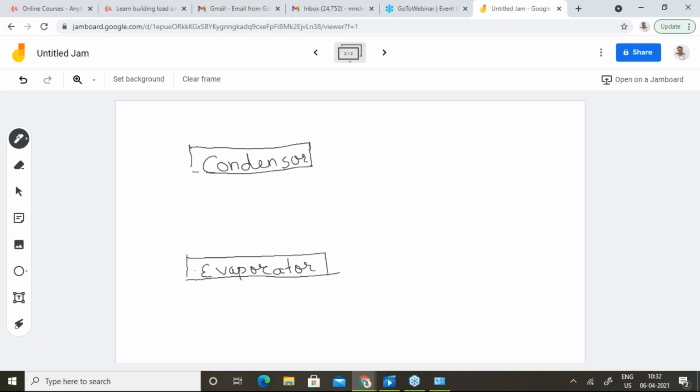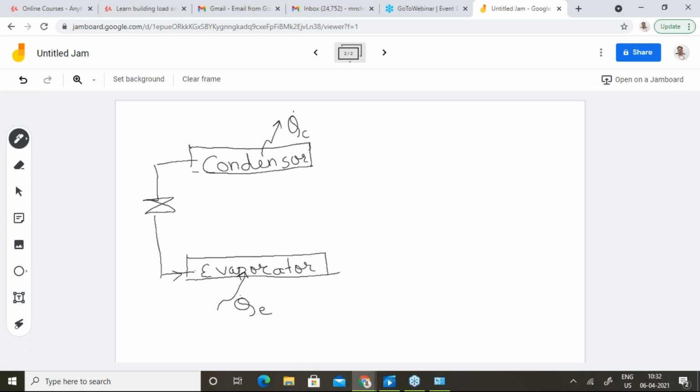So the heat which is absorbed is, let us say, QE dot, and the heat which is rejected, let us say it is QC dot. Okay, and we know that there is an expansion device which maintains the pressure difference between the condensate and the refrigerant entering the evaporator.